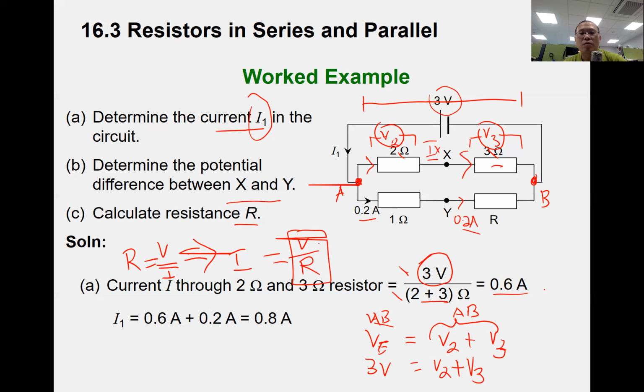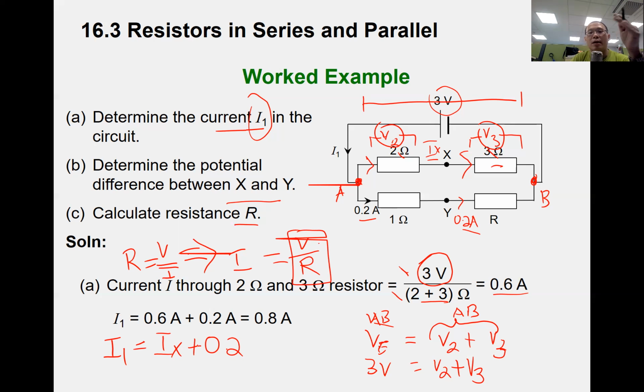And because I know I2, your I2, the Ix, okay, and the 0.2 amp, there are two branches, up and down. So which means the current in these two branches will add up to become I1. Okay, so that's why I know. Why do I do this?